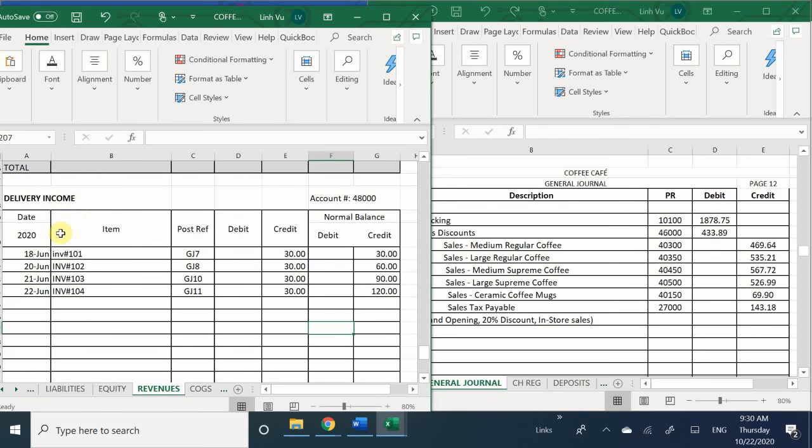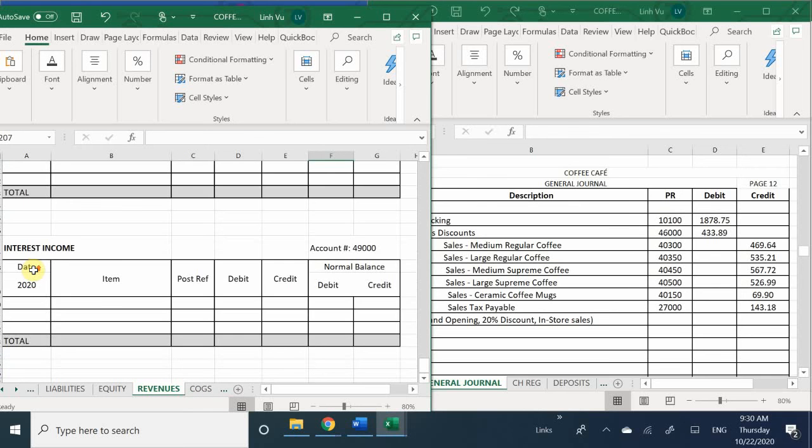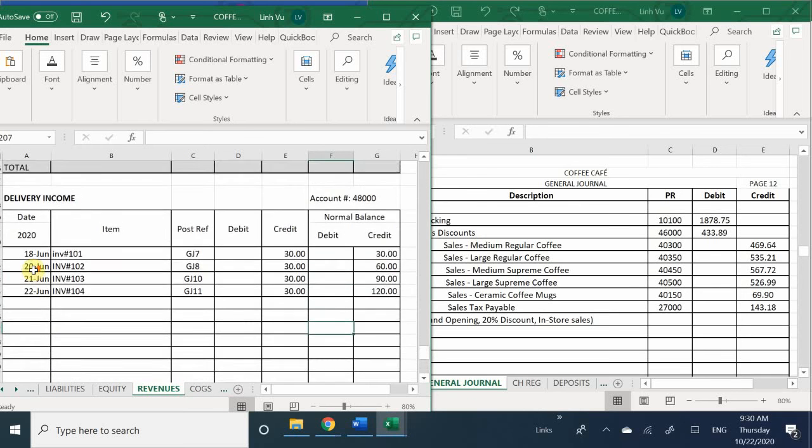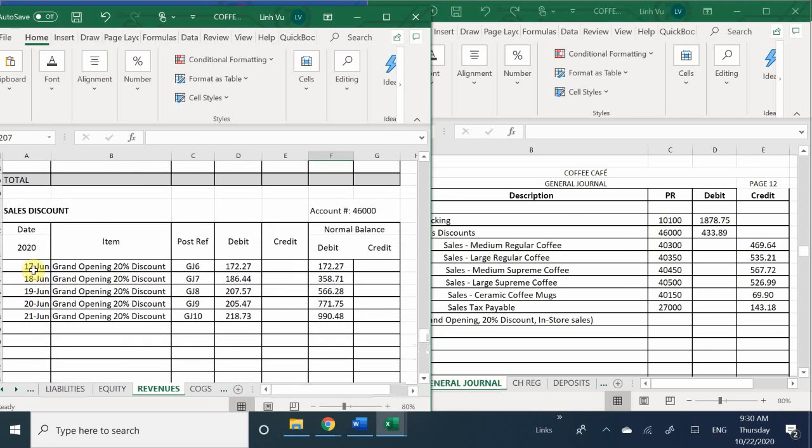Revenues. Okay, sales discount. And the date is 6/22, and 20% discount grand opening. Good.